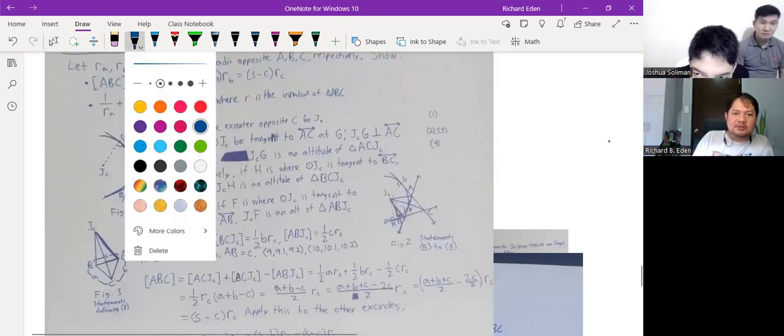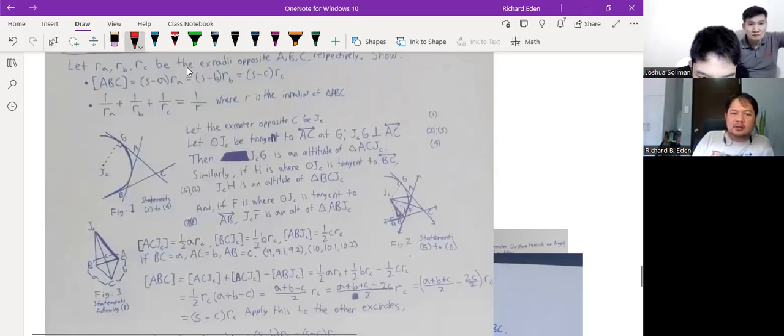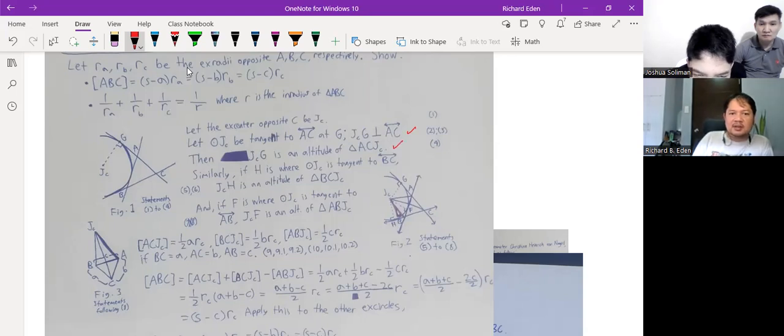Okay, let me use a different color, red. So JCG is an altitude of ACJC. And then similarly, if H is where JC is tangent to BC, so this would be H, then J sub CH is an altitude of BCJC.